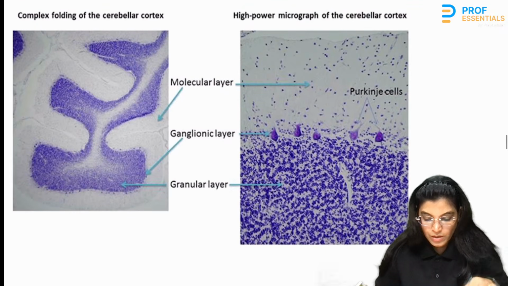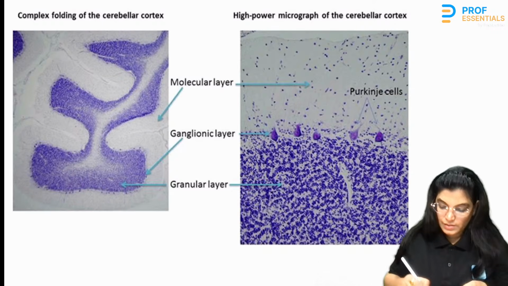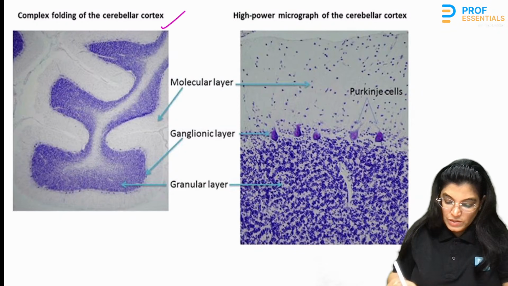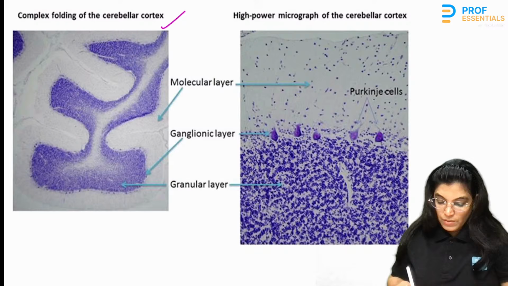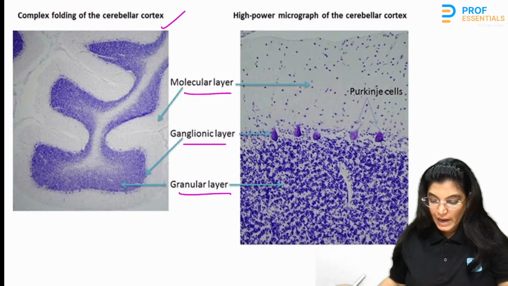In this histological image you can see the low power view, which shows all 3 layers: the molecular outer layer, then the ganglionic layer, that is the Purkinje cell layer, and the granular layer.